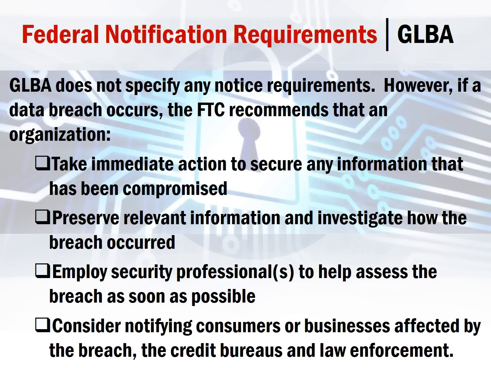Likewise, Gramm-Leach-Bliley does not specify notice requirements, but if a breach occurs, the FTC, which shares responsibility for enforcing the provisions of Gramm-Leach-Bliley, recommends that an organization take immediate action to secure any information that's been compromised, preserve relevant information, and investigate how the breach occurred, employ the security professionals that are necessary to help them assess the breach as soon as possible, and consider notifying consumers or businesses affected by the breach, credit bureaus, and law enforcement.